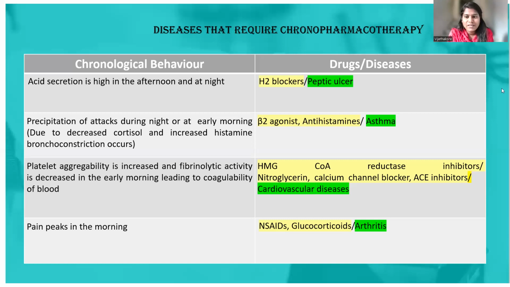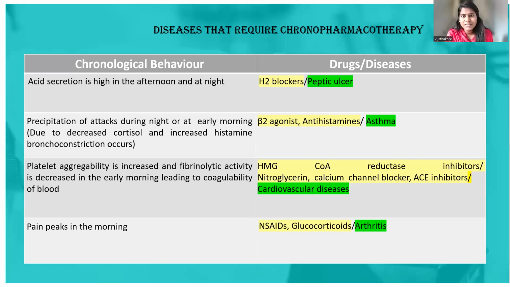The drugs which are given for this are HMG-CoA reductase inhibitors, and for angina, nitroglycerin, calcium channel blockers, ACE inhibitors, etc. And for arthritis, the pain is more in the morning. So the drug given for this should be available during this time, like NSAIDs, glucocorticoids, etc.